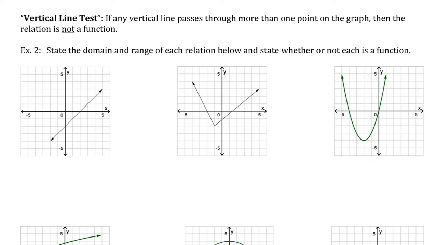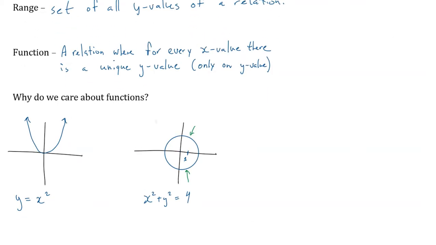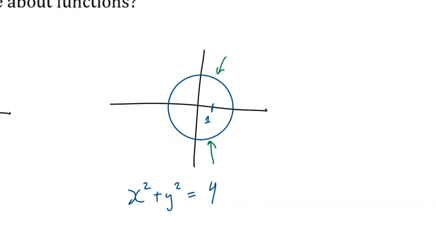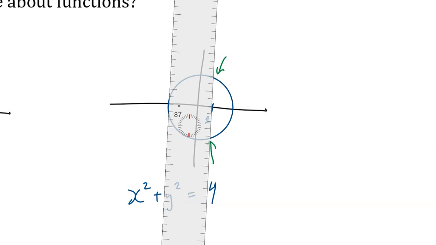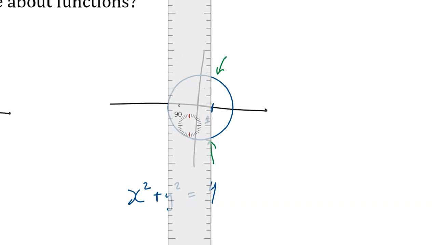It's the vertical line test. So if you can draw a vertical line that cuts through, so it's got to be straight up and down, that cuts through 2 points, then it's not a function, right? Because then I have 2, and in fact, I'll do it. Oops.